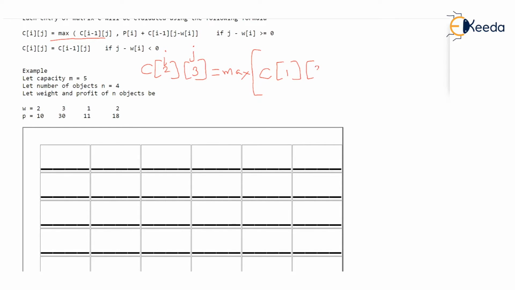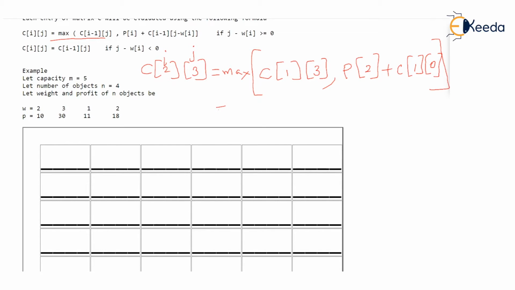C13, comma, Pi, where Pi here means P2, the profit of the second object, plus Ci minus 1, which here means C1, and j minus wi. Remember, j minus wi came out to be 0, since 3 minus 3 was 0. So we are finding the maximum of these two.